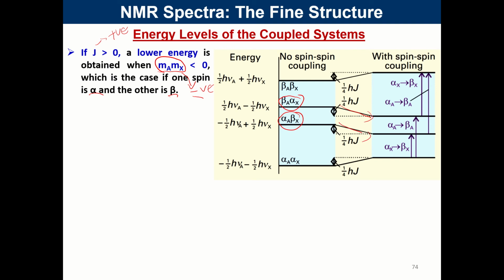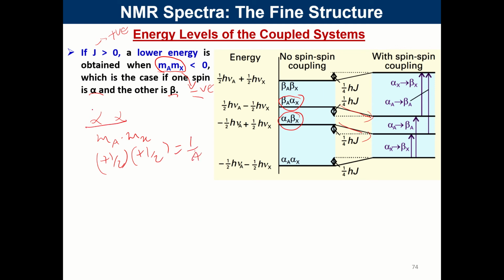But in the case where the interaction strength J is positive, and you are having alpha alpha, then your MA MX multiplication term will be plus half into plus half, which will be 1 by 4, right?